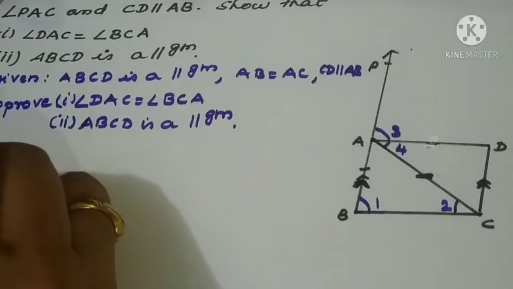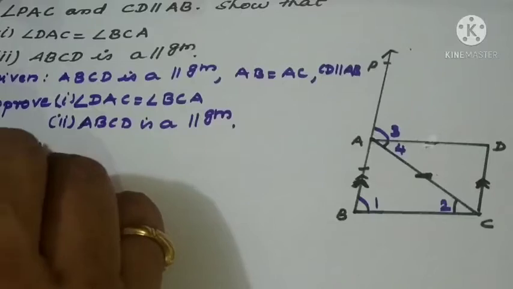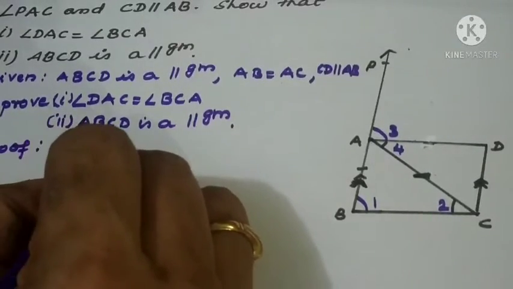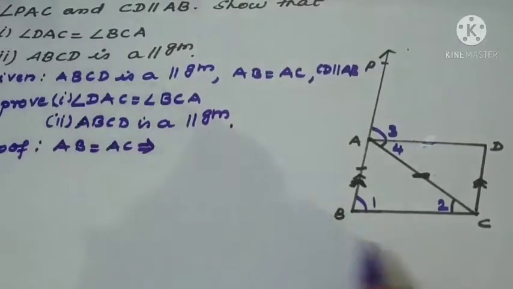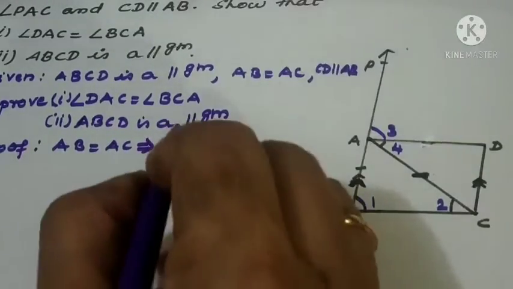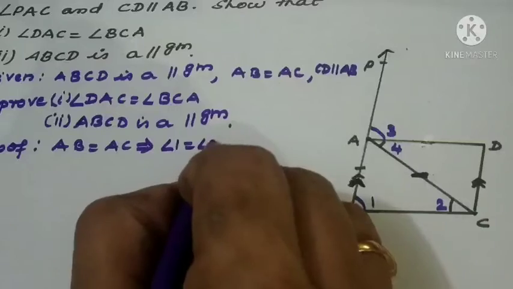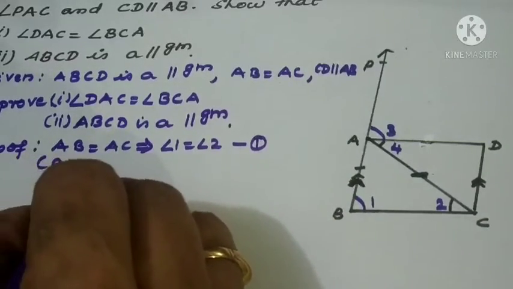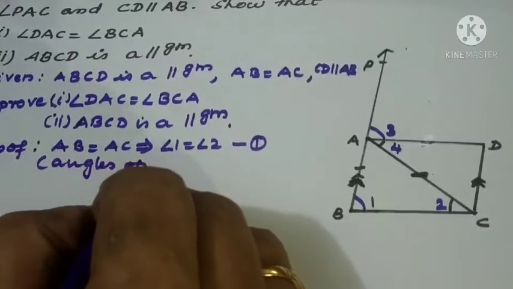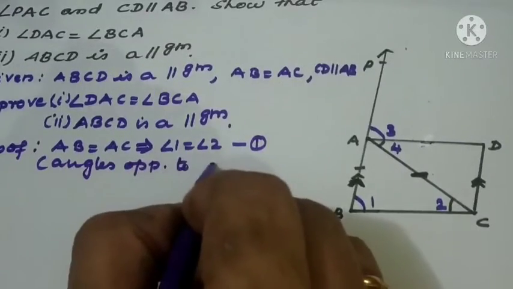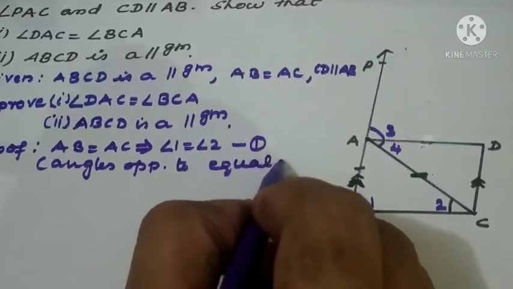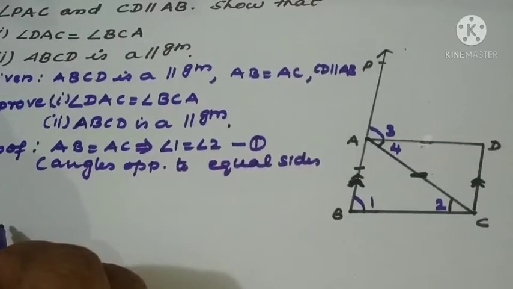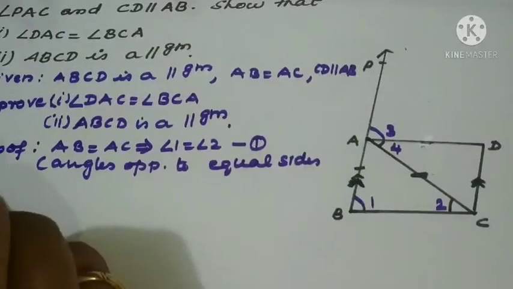Proof. AB equal to AC implies angle 2 equal to angle 1. Equation number 1, angle opposite to equal side. Now exterior angle property, what we can write?